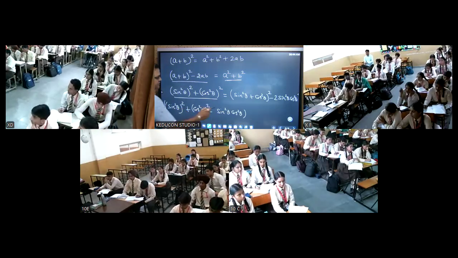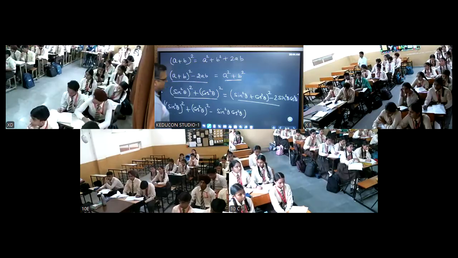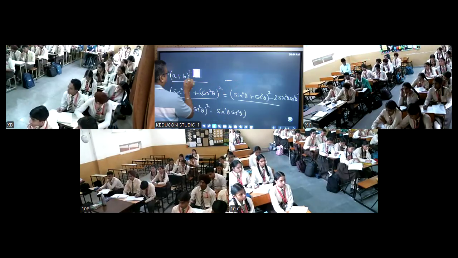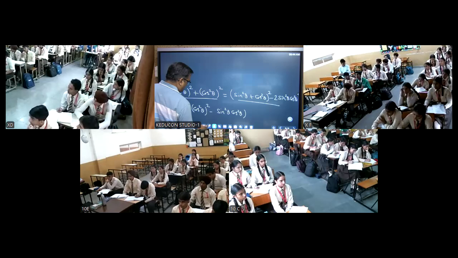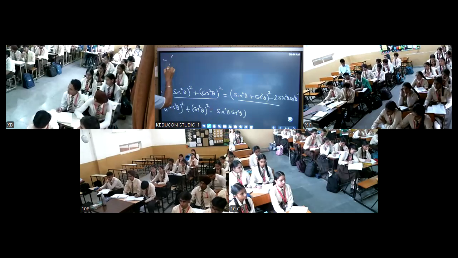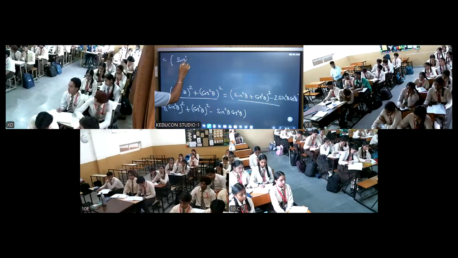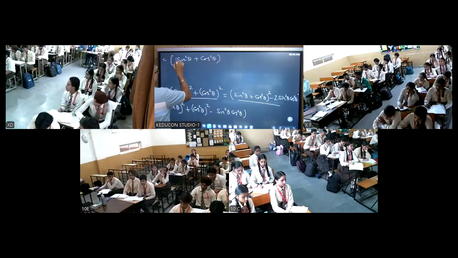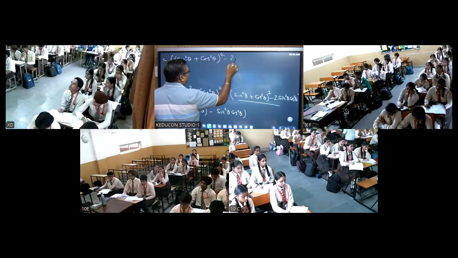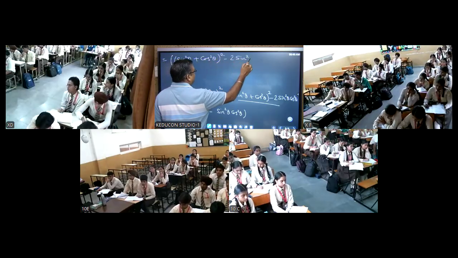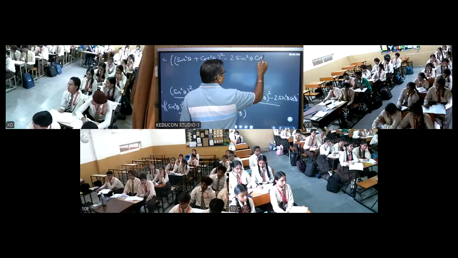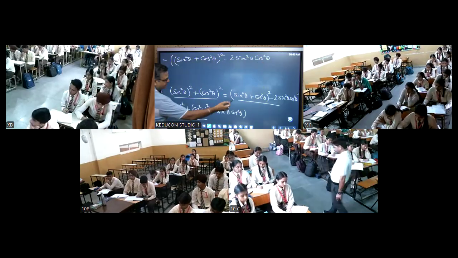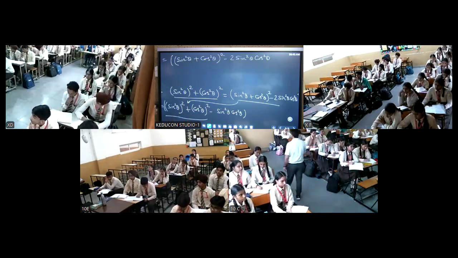Now in place of this, can we write this thing? So what it becomes? Sine square theta plus cos square theta whole square minus 2 sine square theta cos square theta. We have replaced this term with this thing.